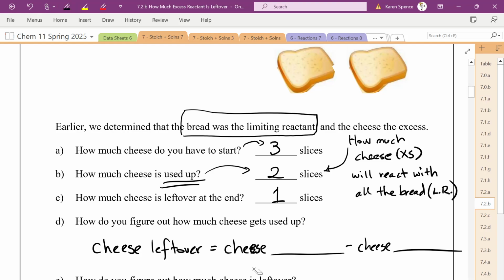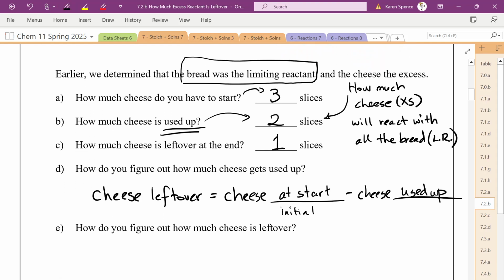What could I fill in those blanks with that would make this make sense? I could put my initial, okay? Or I could say at the start, minus the cheese used up. All right, and that's how we find it, and that's how we're always going to do it.